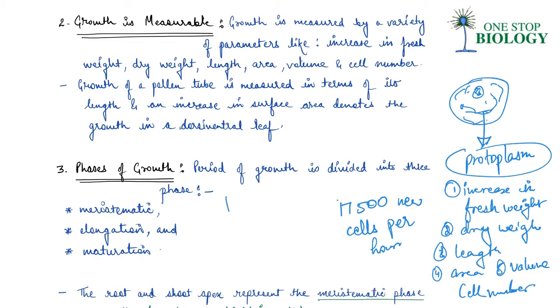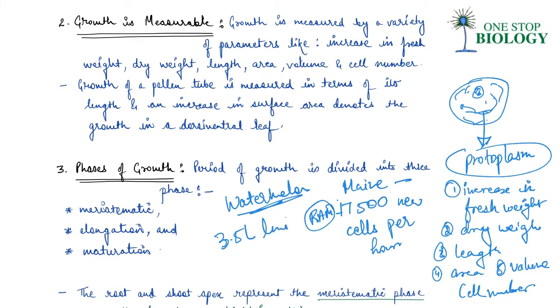Similar way, watermelon. So this is in maize, and in maize also, root apical meristem. In watermelon, what happens? The increase is about 3.5 lakh times.